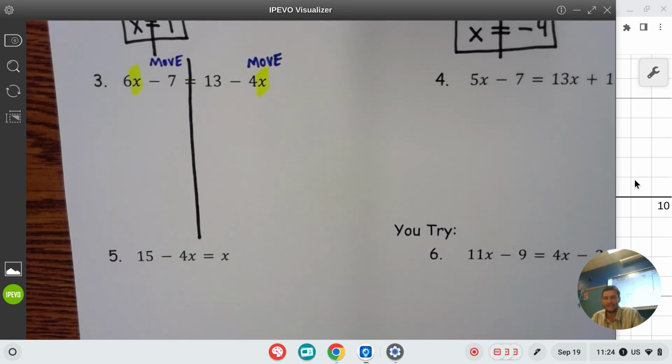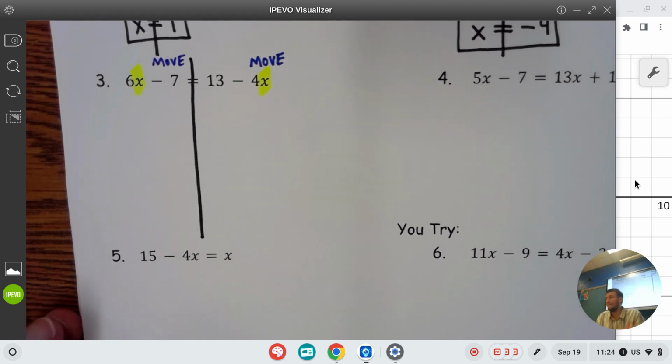Now, we can do these in any order, but Mr. Collier, I'm telling you, here's the best advice I can give you. Move the letters first, okay? The reason we always want to move the letters first is because equations with 1 stack of letters are very familiar.